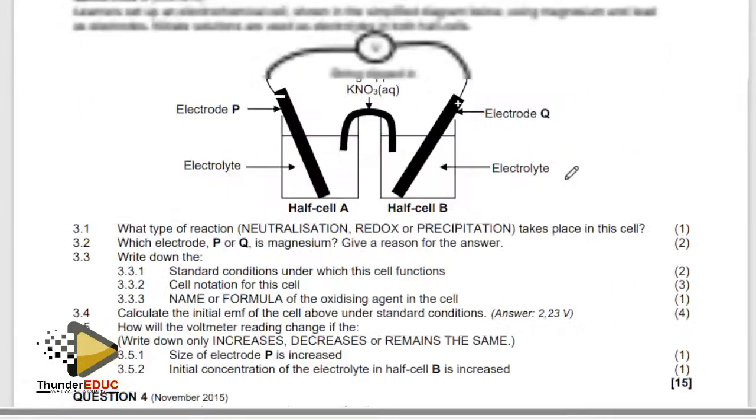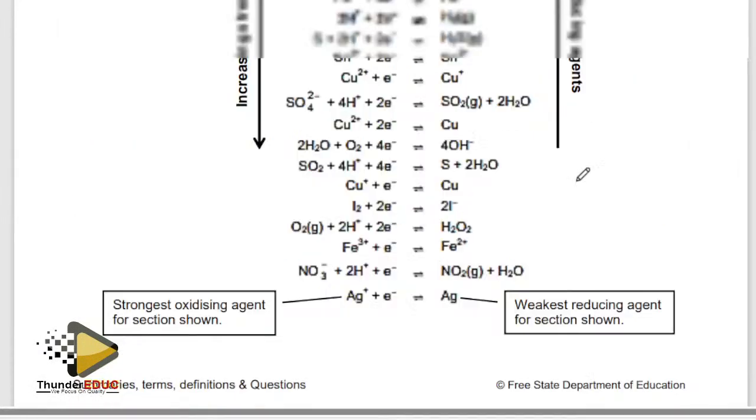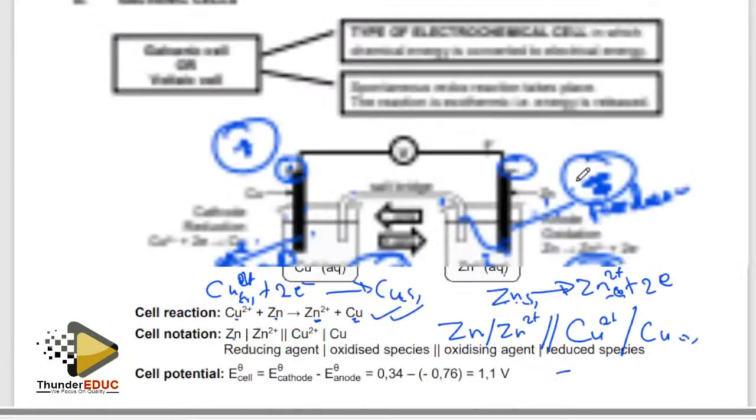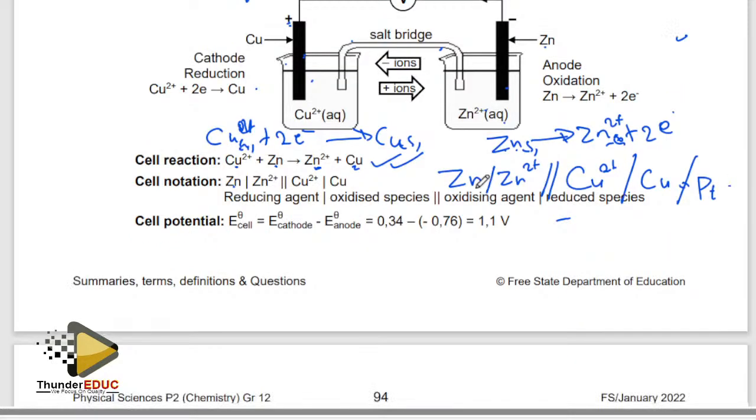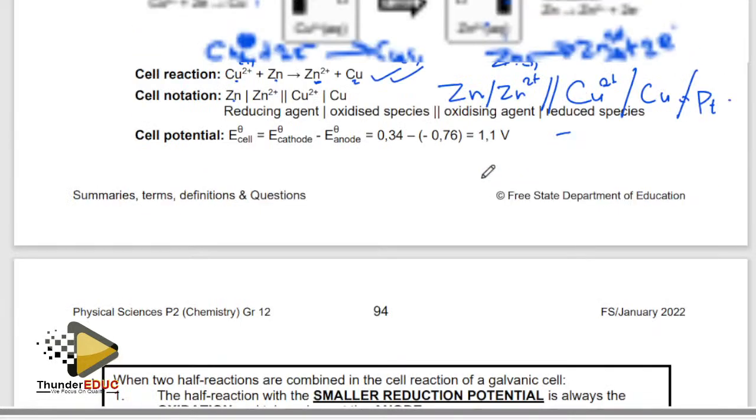So if it was a gas, for example, then I have to put this in brackets like that, or I just have to slash it, and then I put, for example, platinum, so I slash platinum, which shows that this one is reacting. For example, if this was hydrogen ions, and then hydrogen gas, and then platinum, you see. Yeah, that's how you can do the cell notation.